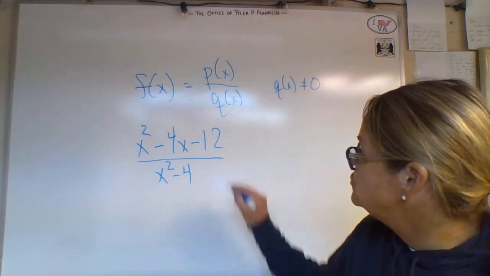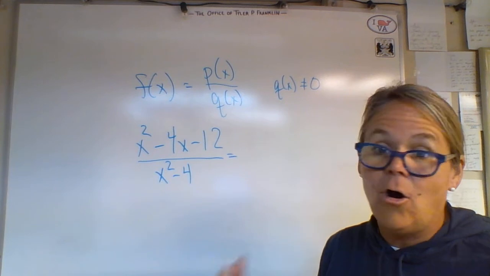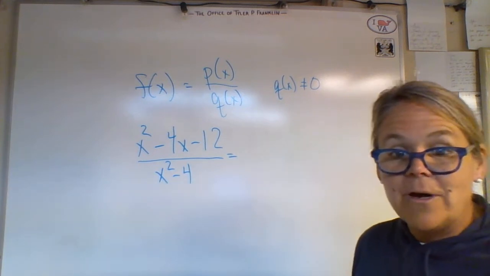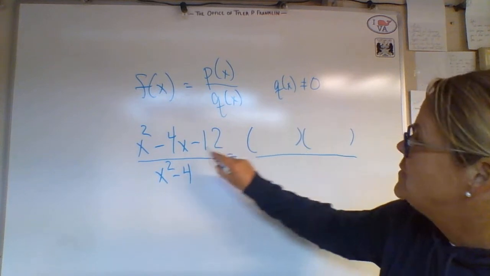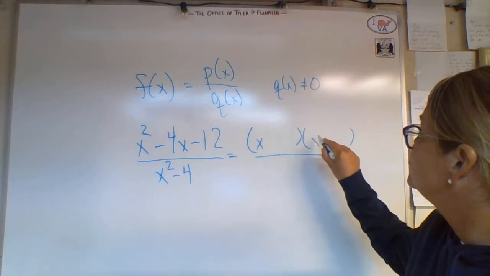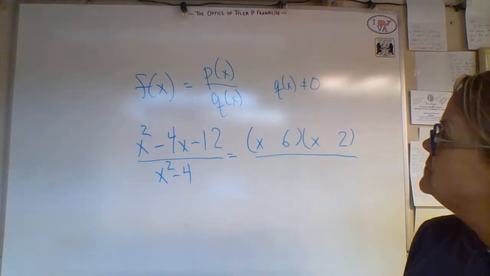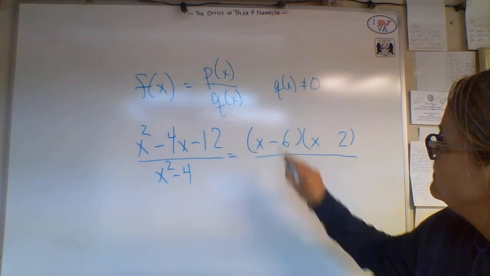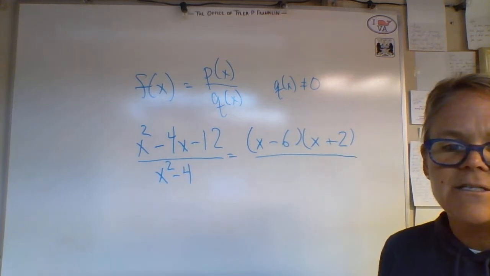A lot of what you're going to see is that your factoring skills are going to come back all the time. So x squared minus 4x minus 12, you think factoring. Two numbers multiplied to give you 12 and subtracting to give you 4 would be 6 and 2. The larger number gets the sign of the middle, one of each sign because of the minus.